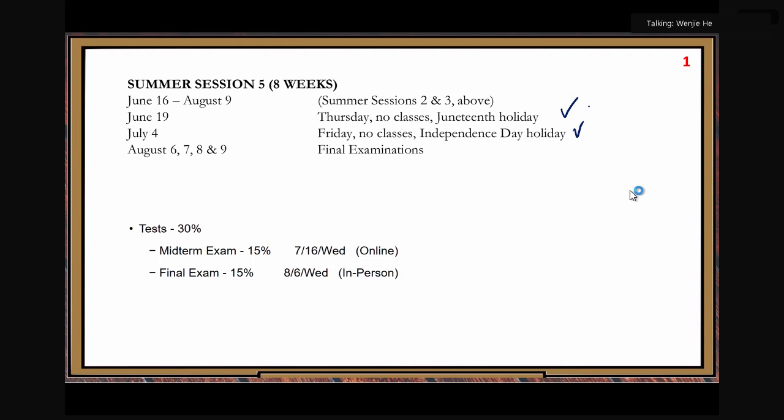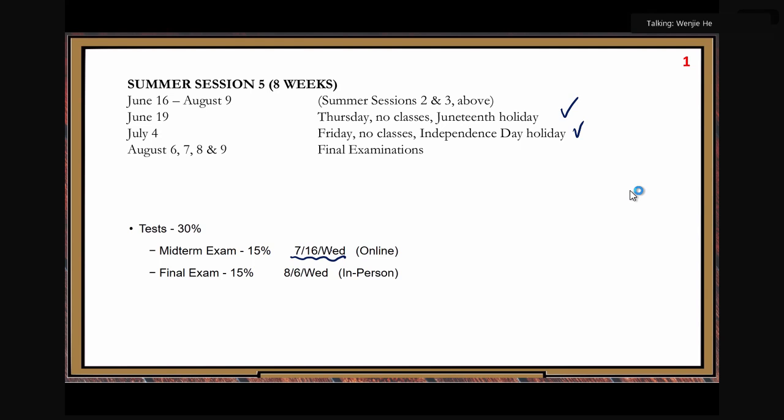Here I give you the midterm, 1 month from today, right? Today, June the 16th. Make it online. At the beginning, I tried to make it in the classroom, but in that way, I will use 1 class session to do the test.